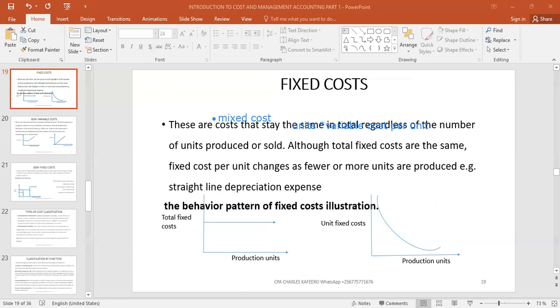We can try to compute this. If you want to get the total variable cost, it will be the number of units, which are 0 units when you are not producing, times the variable cost per unit.